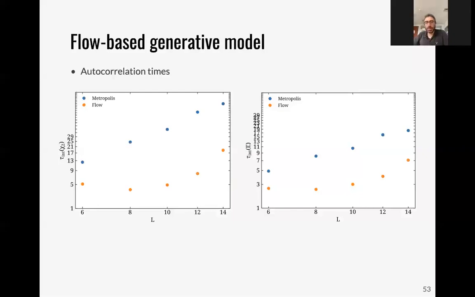Do you have any questions? I do have one on the integrated autocorrelation times, because usually you need to choose a cutoff for the sum.